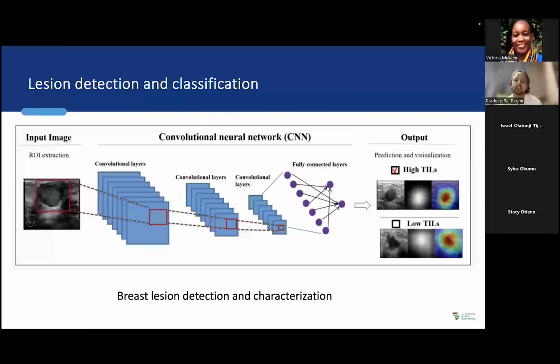The lesion detection and classification, these are quite common nowadays. It is commonly done in breast and chest X-ray, but not in obstetric ultrasound. So it is one of the new perspectives which we can go into to determine the fetal lesion or uterine lesion or the placental lesion.